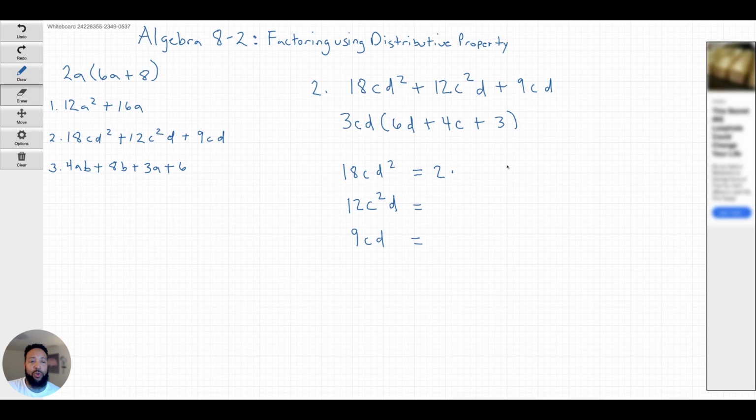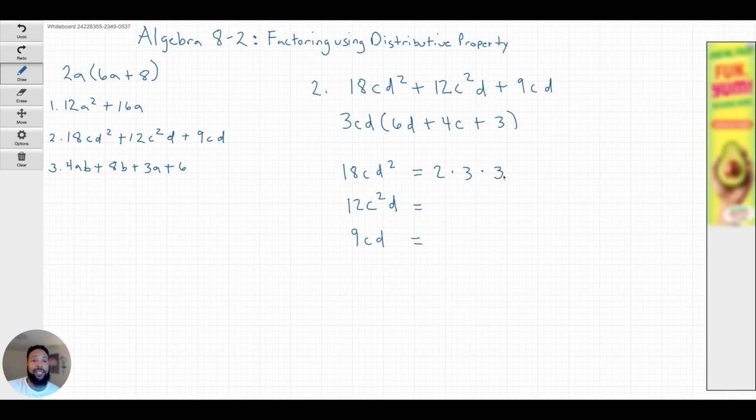So you would have 2 times 3, which is 6, times 3. 2 times 3 is 6, 6 times 3 is 18, times c times d times d. So there's your d squared, that's your c, and this is your 18.